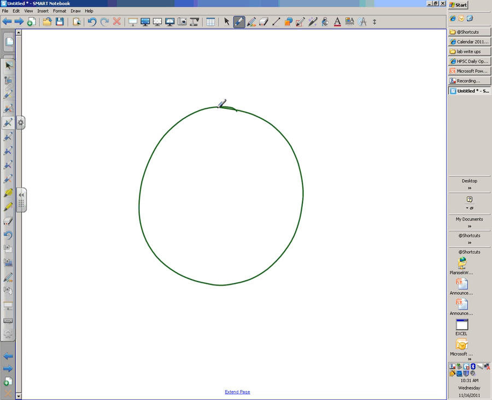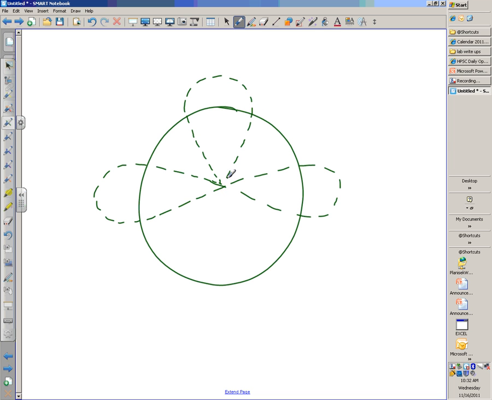Okay? Now, n equals 2, l equals 1. Where's the electron?